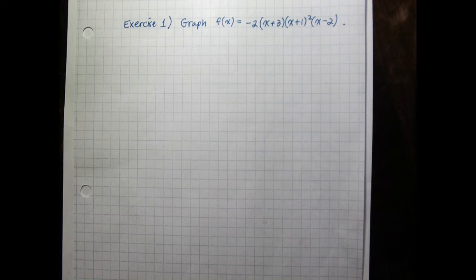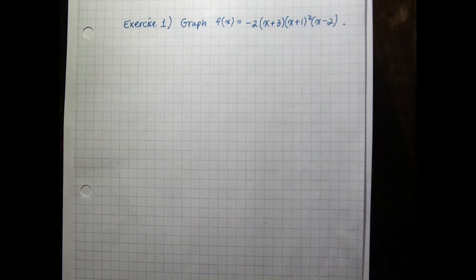Okay, so here we're ready to start doing some exercises, some actual problems where we're going to graph polynomials that are in factored form. Here we want to graph f of x equals -2 times (x plus 3) times (x plus 1) squared times (x minus 2).